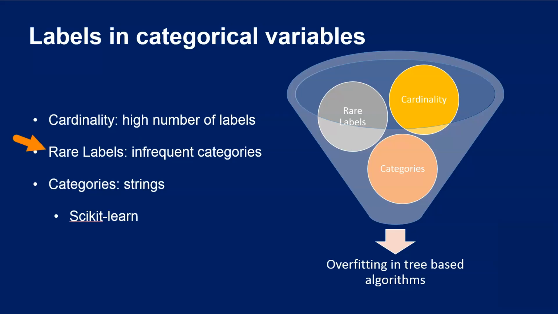A second problem is the presence of rare labels. Rare labels may also cause trees to overfit, but most importantly, they represent an operational problem because they are rare. Some of these labels, because they are rare, because they are infrequent, because they are present only in a small proportion of the observations, will appear only in the training set, and some of them will appear only on the test set.